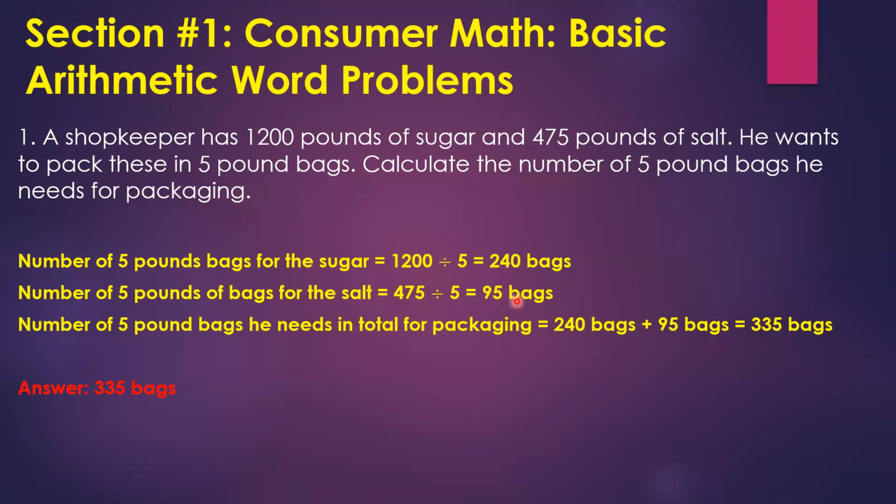For the number of 5-pound bags he needs in total for packaging, we add 240 bags plus 95 bags and we get 335 bags. Very good. So the answer is 335 bags in total. All right.